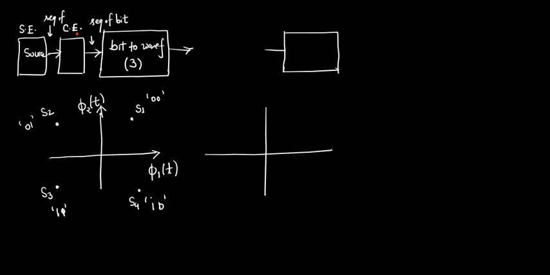So what is the value of S? How would you represent S1? You have to ask what is the value of this. So if this value is A and this value is A, similarly all are like this, plus or minus A. So you will write S1 as A phi 1 t plus A phi 2 t, right?